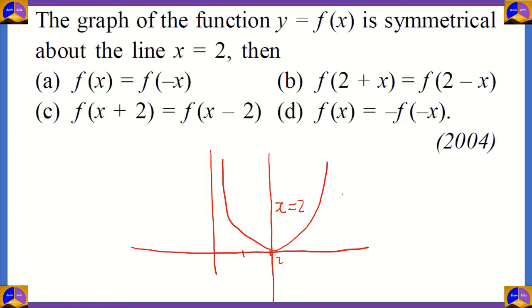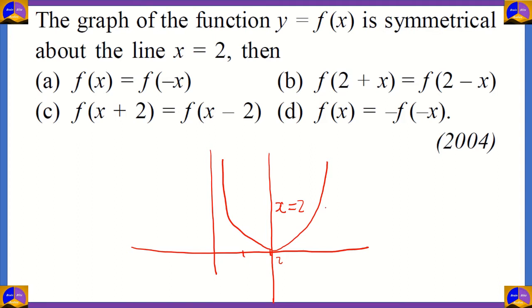So the graph that is possible is a parabolic graph. In a parabolic graph at the focus x equals 2, the right-hand side and the left-hand side are equal. Now, my drawing doesn't really illustrate it, but that is how it is represented.